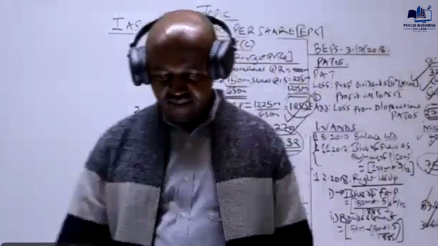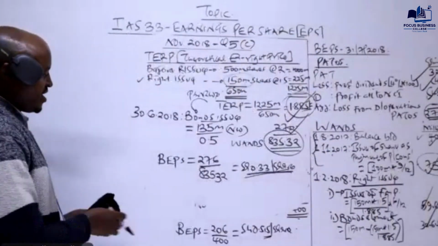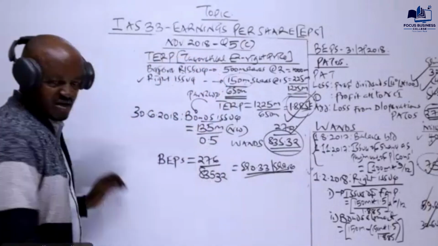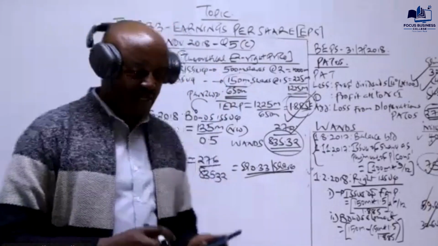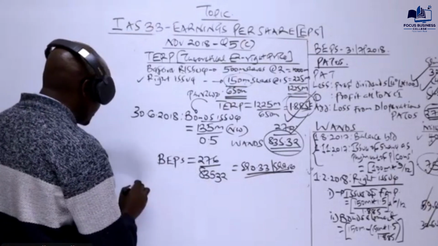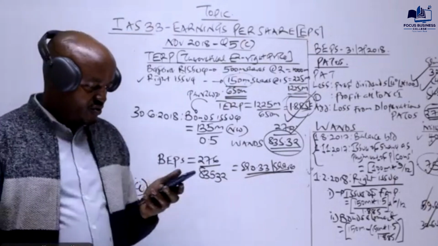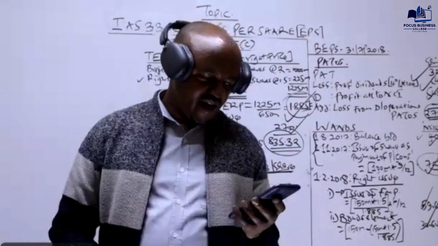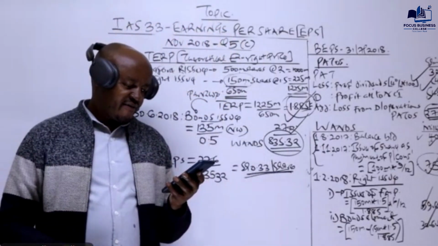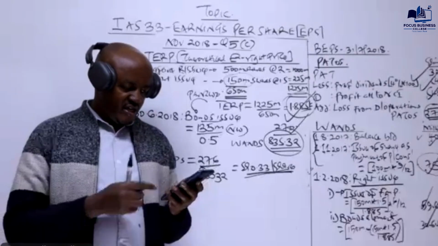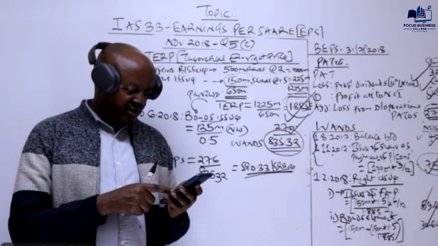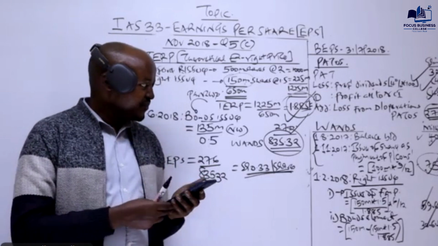So let's wind up because I can see our time is almost over. What have we been required to do in the last part of these questions? In the last part, Roman 2, we are required to compute the comparative earnings per share of 2017 to be reported in the 2018 financial statement. You're told the EPS figure reported in 2017 was 0.525.